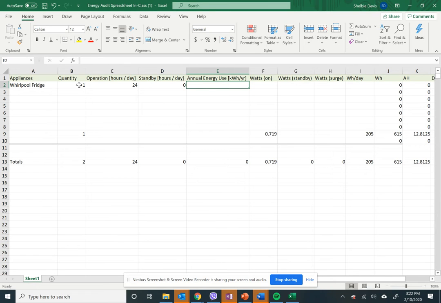Now what I need you guys to do is find that model and tell me either the kilowatt hours per year it pulls or the watts on, either or, because sometimes those specs are given differently or at different times. So try and find that on the internet.